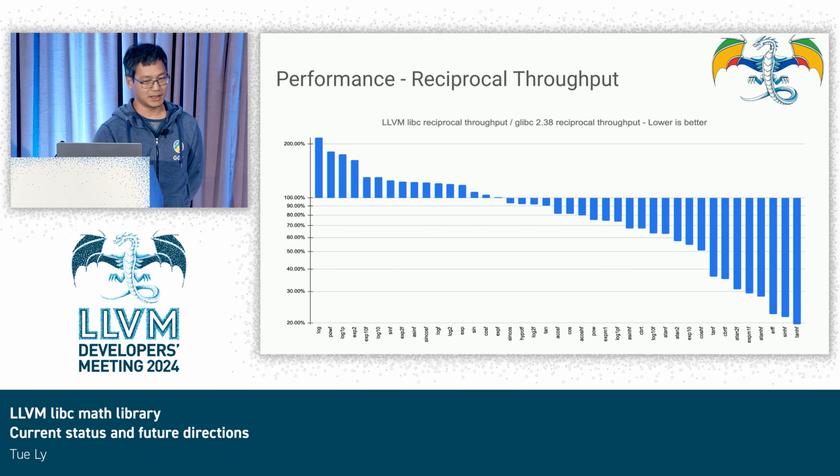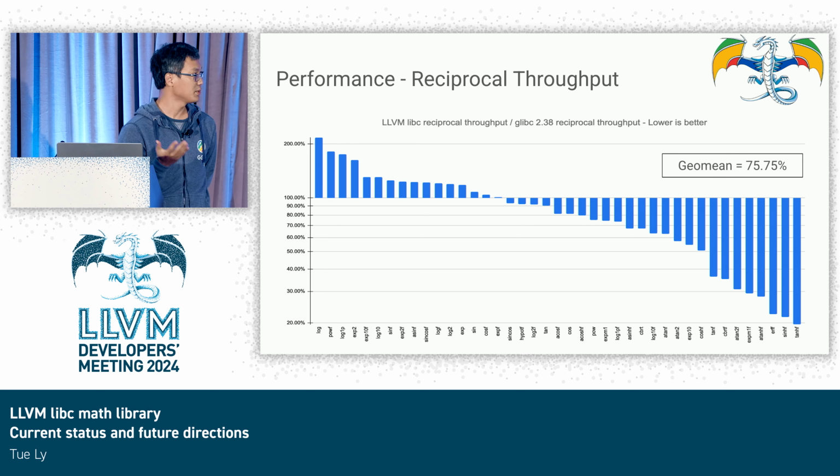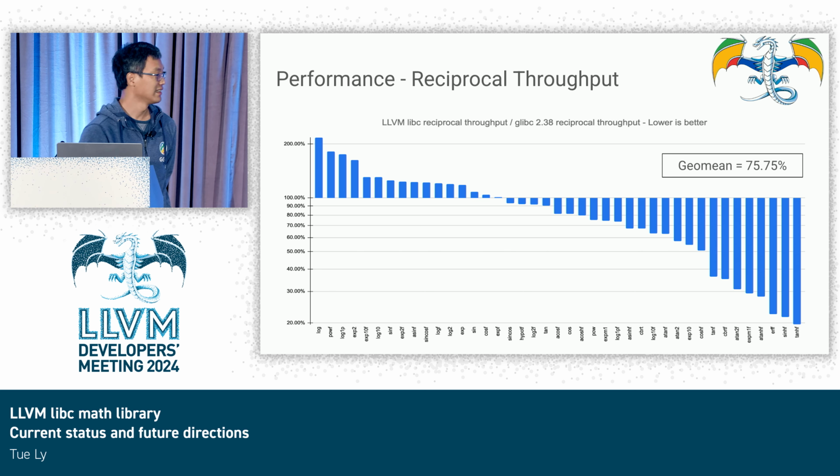You have similar plots, and it's actually a lot better on the right-hand side. On average, we are about 25 to 30% faster, higher throughput than glibc. Sorry for the plot that I put as reciprocal throughput, so that it has the same shape as the latency. So to get the throughput differences, you need to invert them.